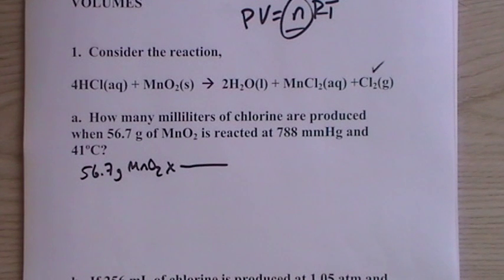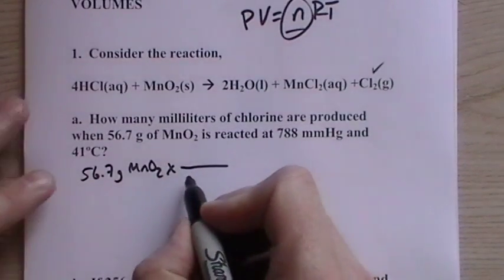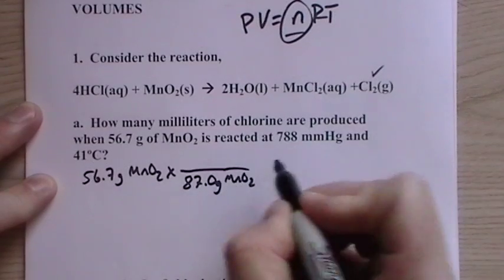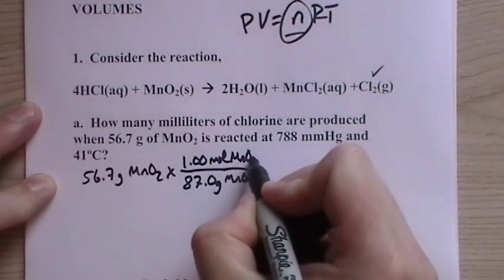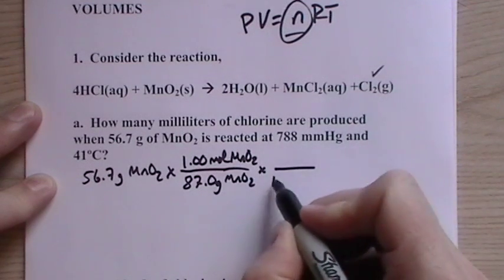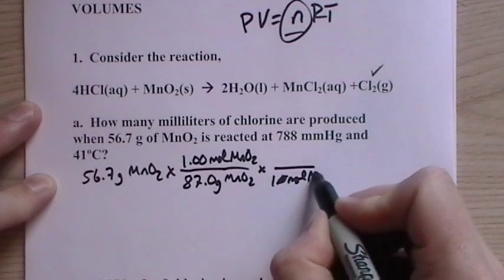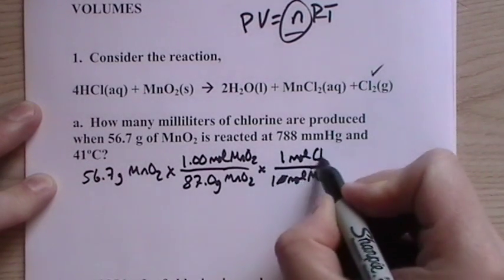So manganese is 54.9 plus 32. So about 87 grams of manganese oxide is 1 mole of manganese oxide. We look at the equation, 1 mole of manganese 4 oxide equals 1 mole of chlorine.